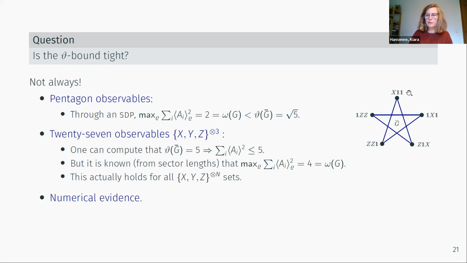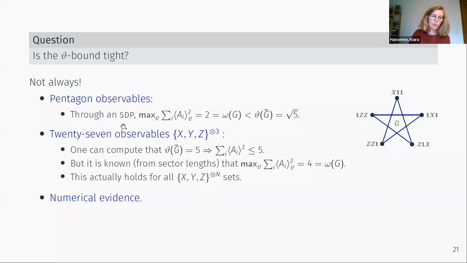We actually found that for those specific observables, we reformulated our problem such that we could formulate it as an SDP. And then if we maximized over all quantum states with these observables, we found that the maximum you can actually reach with a quantum state is 2, which happens here to be equal to the clique number, which is strictly smaller than the Lovász number of G bar, which is equal to square root of 5.